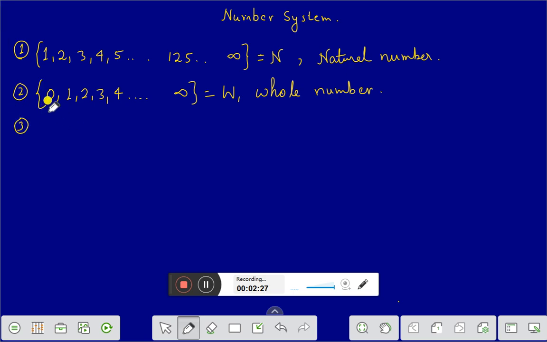if we represent it on a number line, that is 0, 1, 2, 3, up to infinity. And also if we take the negative numbers, that is minus 1, minus 2, etc. up to infinity, then this set of numbers is known as integers.